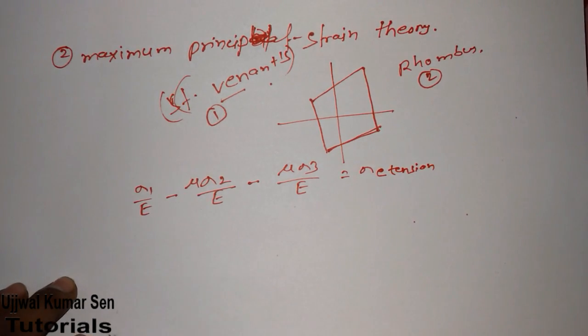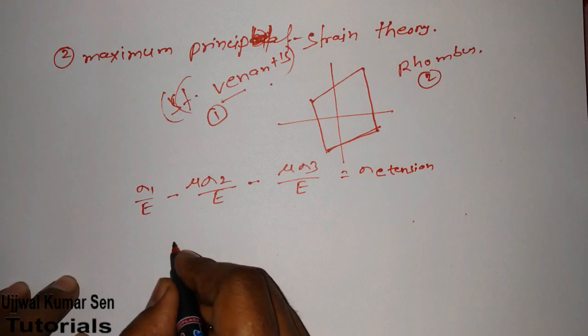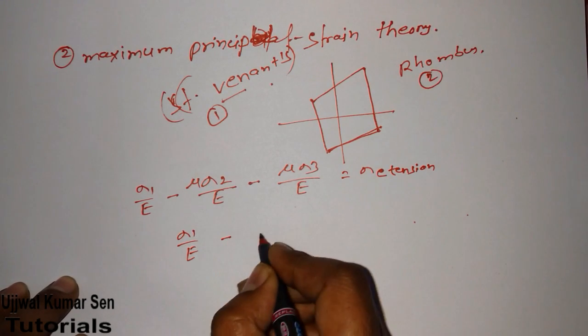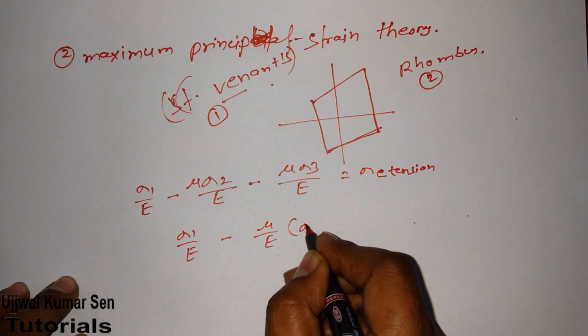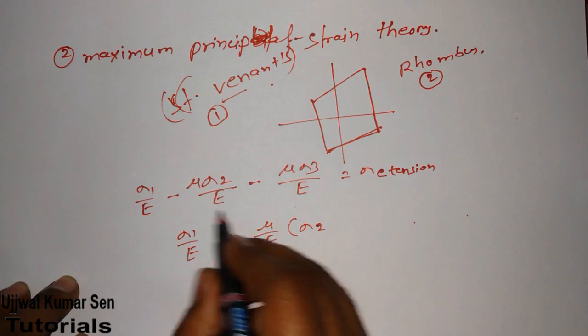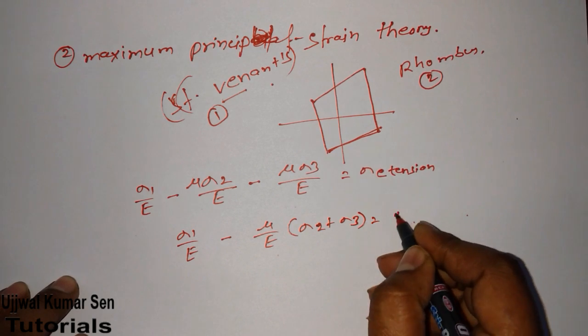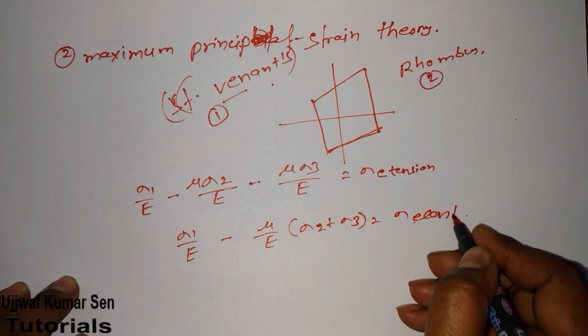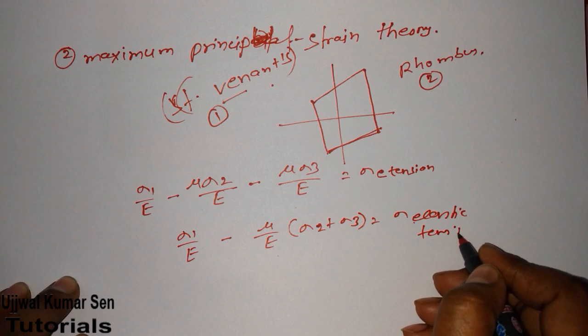If you take common sigma 1 by E minus mu by E, then sigma 2 plus sigma 3 is equal to sigma elastic in tension.